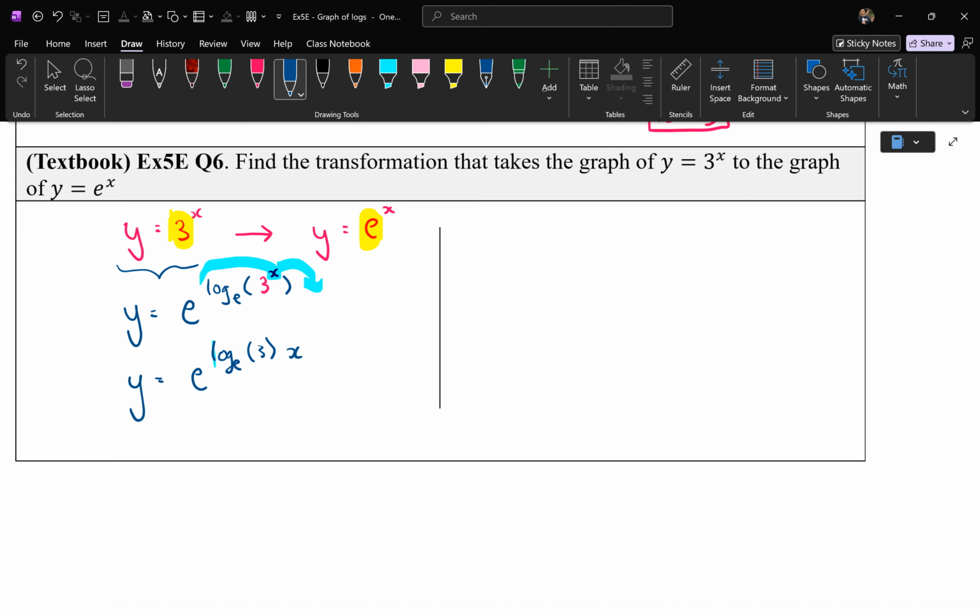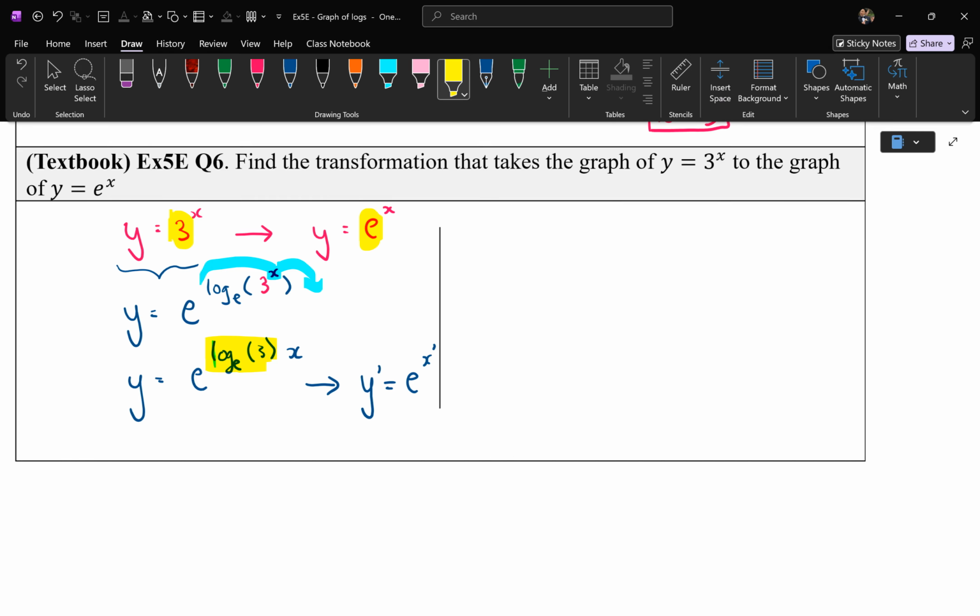So now if I take that equation and I say maps to y equals e to the x, and I'm going to put the dash on these ones so you can see how you'd figure out the transformation. See, they both have a base e, they both have an x, so it's e to the x, and that's e to the x. Clearly, this must be dilation, because I'm taking log base e of 3, which is some value, times by x.